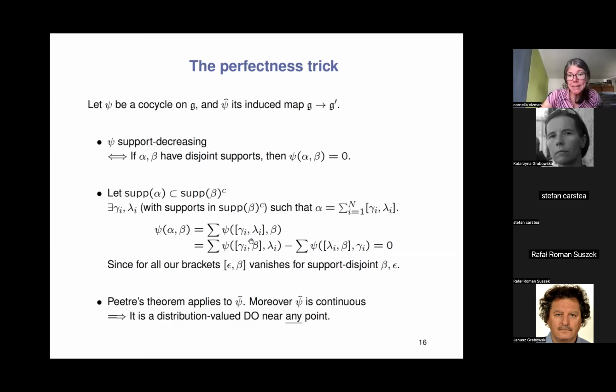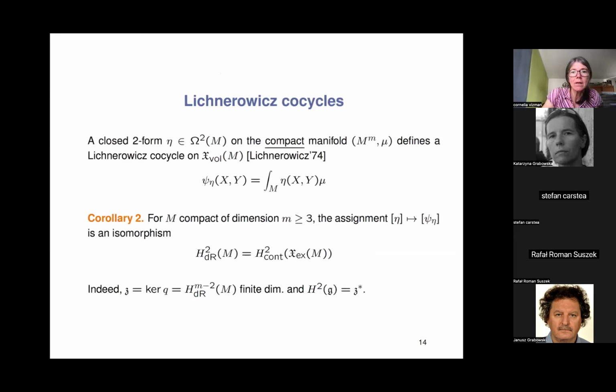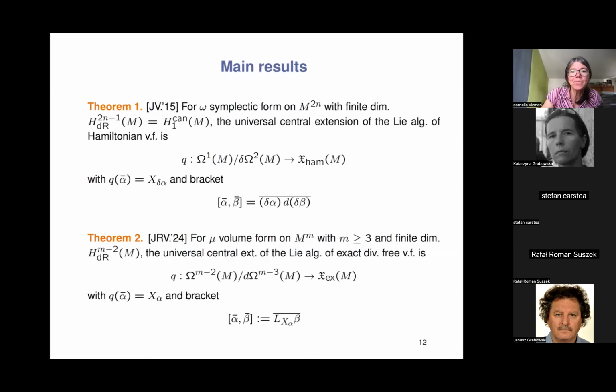And then we get these brackets, which in our cases are either the Poisson bracket of functions or the bracket here, where it is the Lie derivative of x alpha, beta.